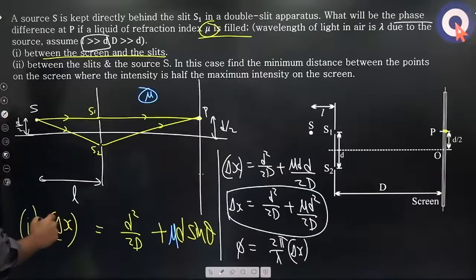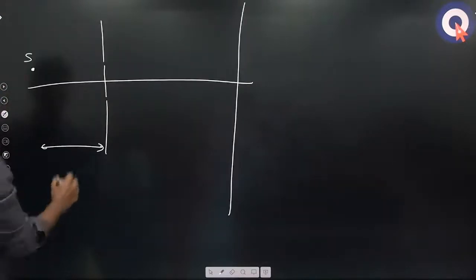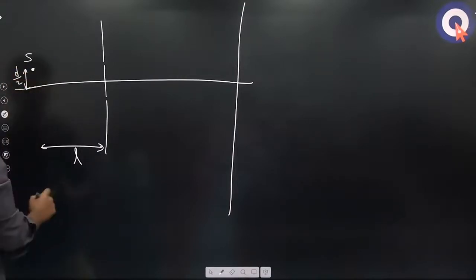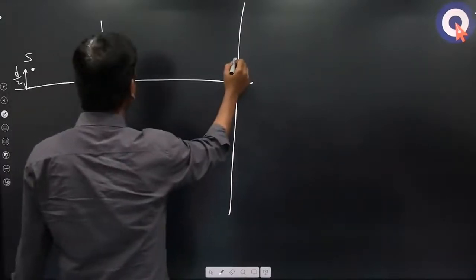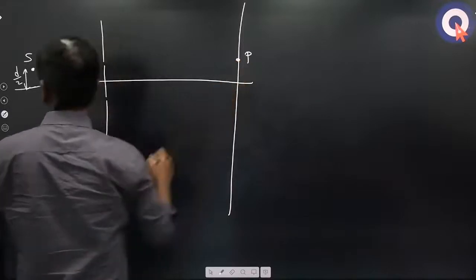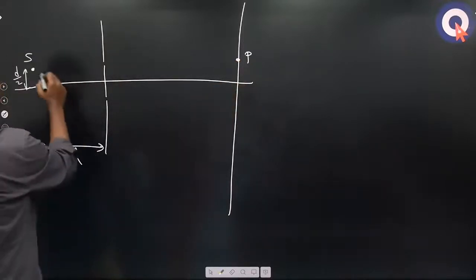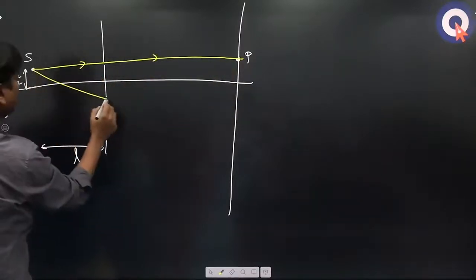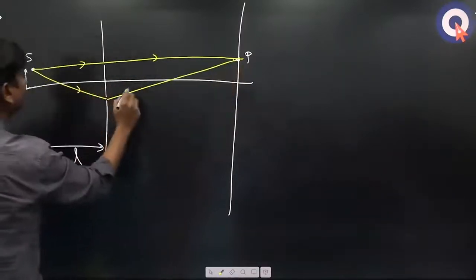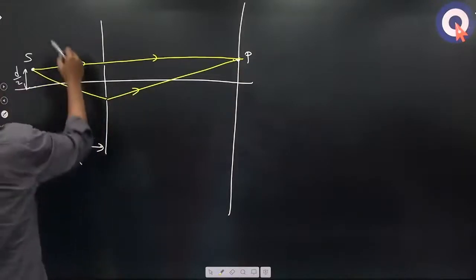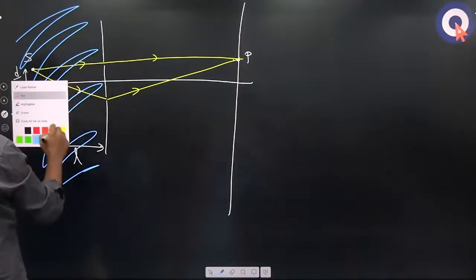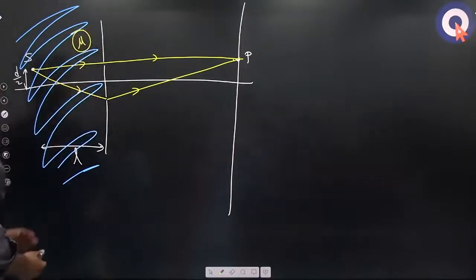This distance assumed as L. And you are selecting the same point P. Now this is coming like this. Now this is the medium filled with the refractive index of nu, right? So this is already d by 2.